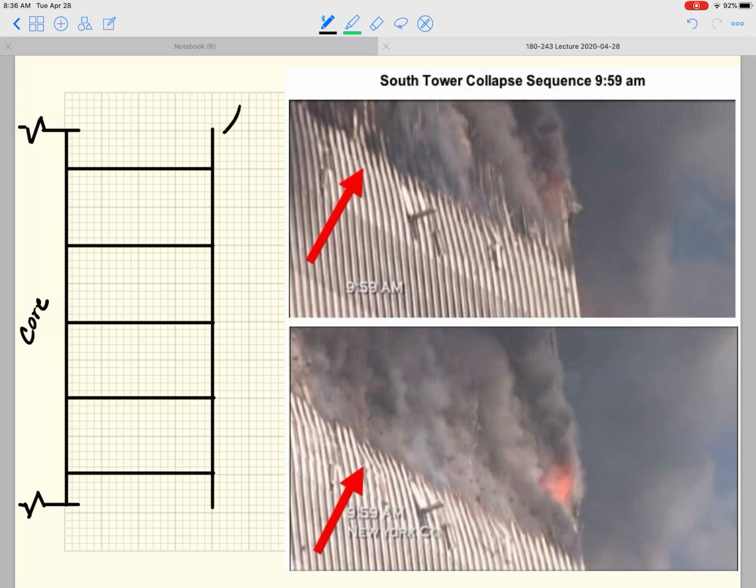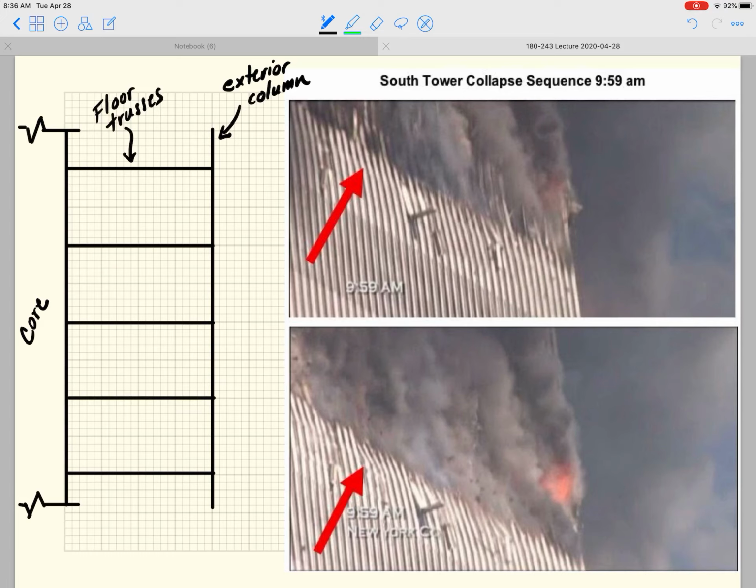So this guy here, that is an exterior column, right? And these are what we'll call floor trusses. Right? And those floor trusses are really important. That's how we can get these really, you know, sort of open spaces here.